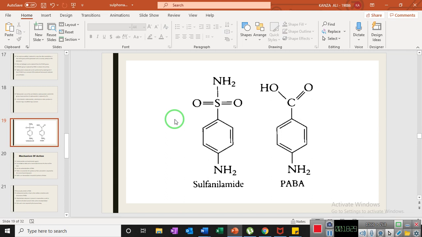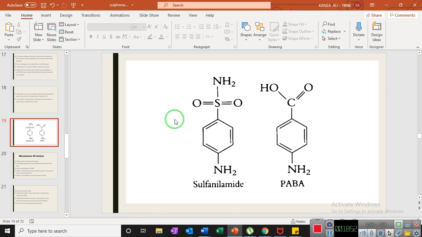They compete for the same enzyme, and due to the differences cannot serve as a substrate for that enzyme, and the further pathway is blocked.